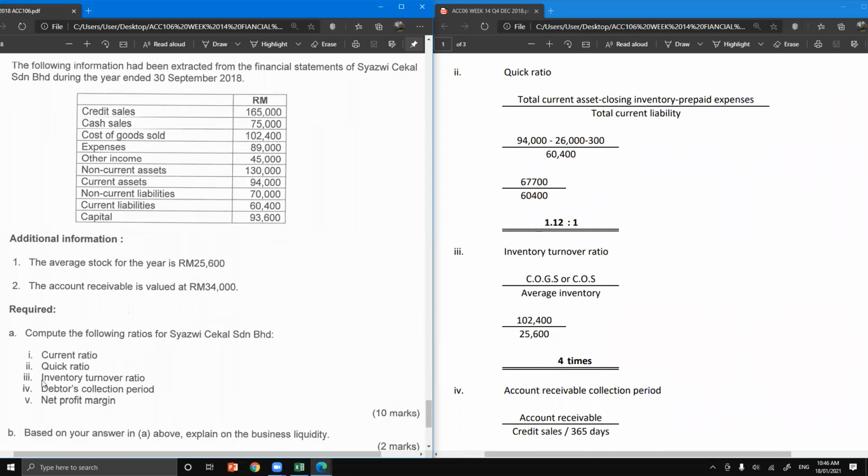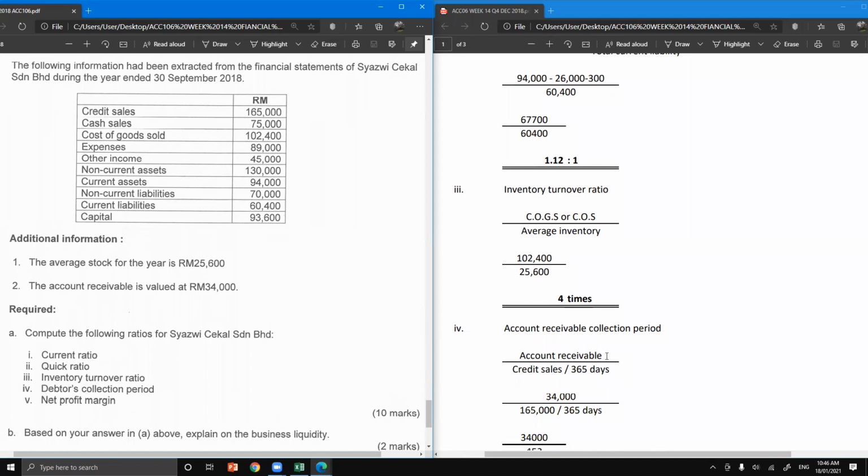And for A4, debtor collection period, also known as account receivable collection period, the formula is account receivable divided by credit sale over 365 days. The account receivable is equal to 34,000 from additional information 2. And then you divide by the credit sale.